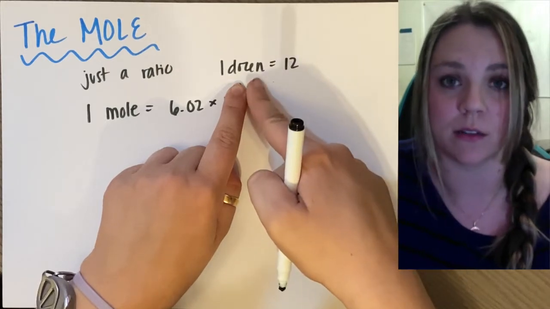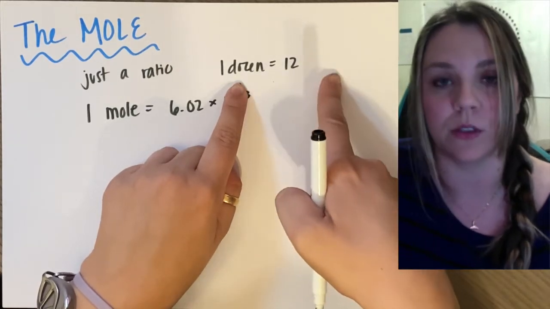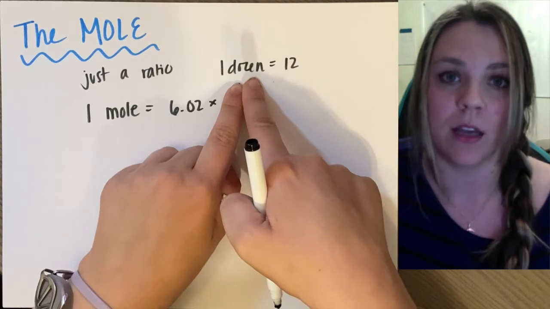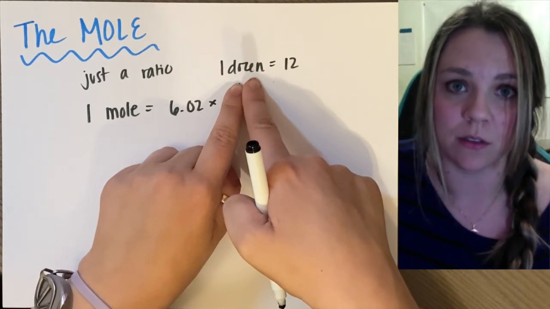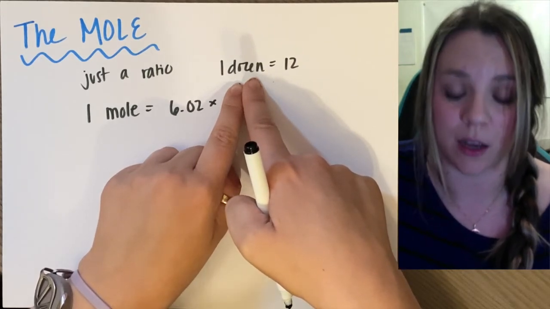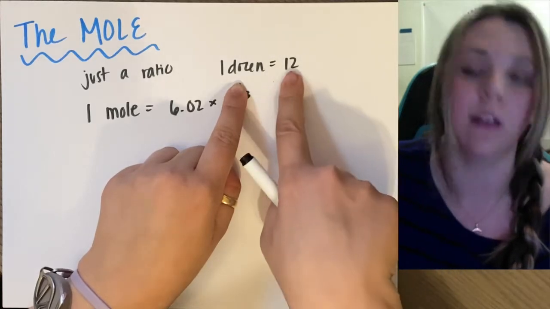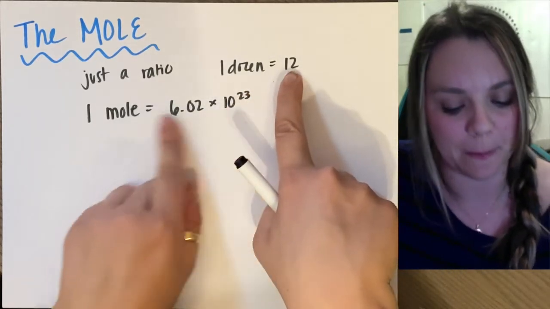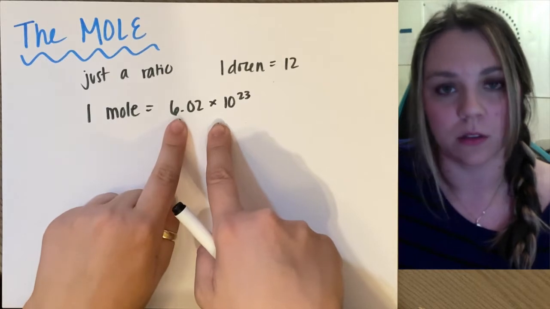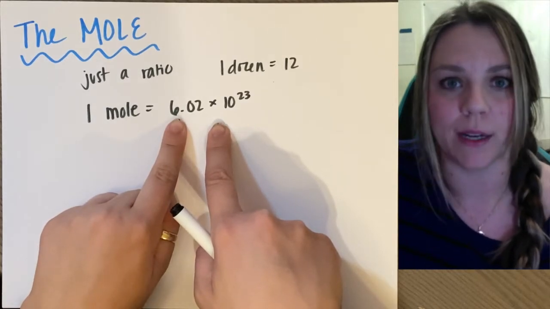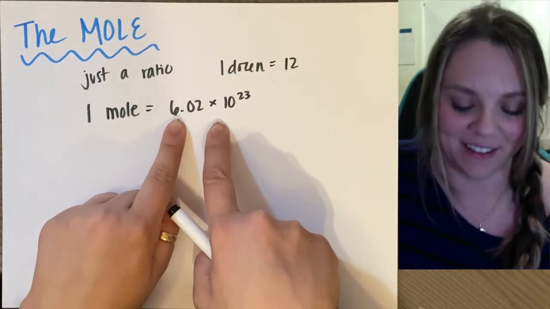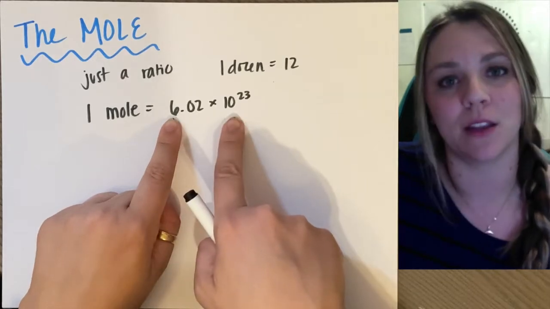You could have a dozen pair of shoes. That means you have 12 shoes. You could have, I don't know, a dozen computers. Neat for you, good job on however you're affording that. It means you have 12 computers, right? You could have 1 mole of burritos, okay? Yikes. You would have 6.02 times 10 to the 23rd burritos.